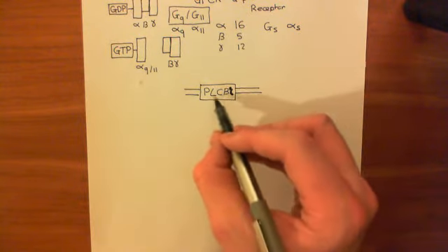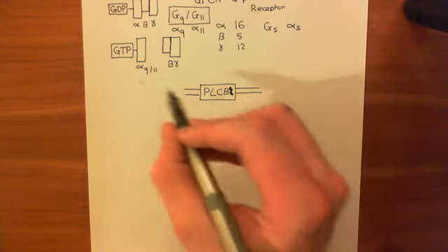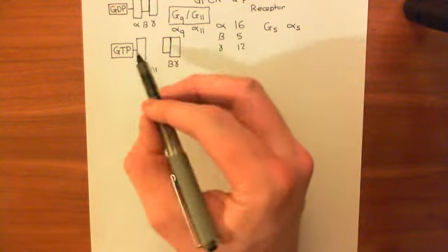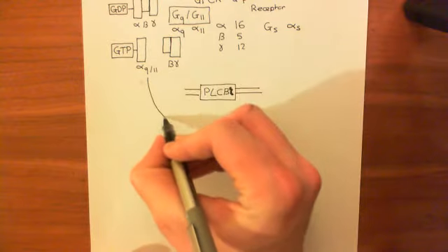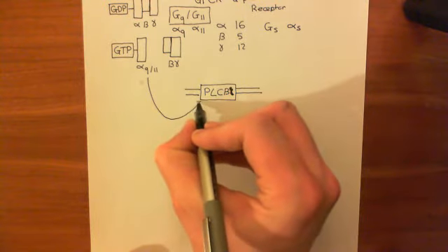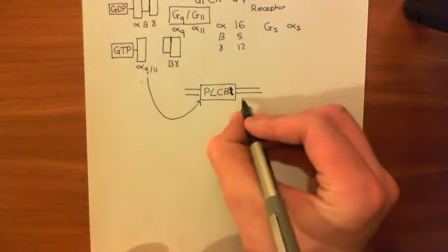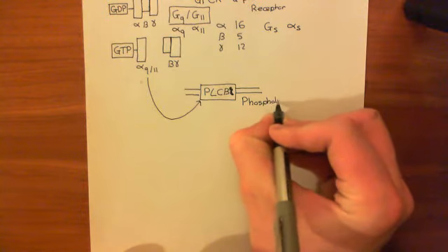So there are many different types of phospholipase C. Phospholipase C beta is the type activated by alpha Q/11 G proteins bound to GTP. So basically, alpha Q/11 GTP is going to come and activate this phospholipase C beta. So let me just write that name out. Phospholipase C beta.